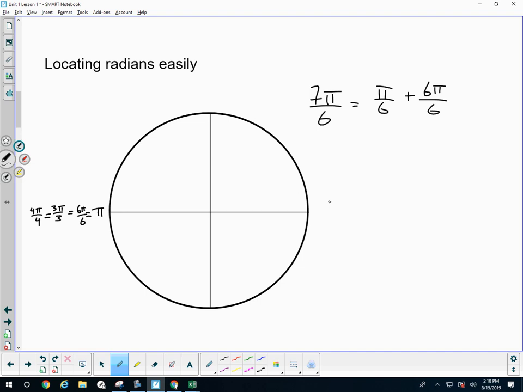Since I know when I go counterclockwise, I'm adding, if I start at 6 pi over 6 and I add a pi over 6, knowing that the pi over 6 is 30 degrees, I know that I'm going to be located right here in the third quadrant, creating a 30-degree angle. And this, my friends, is how I will quickly locate 7 pi over 6.